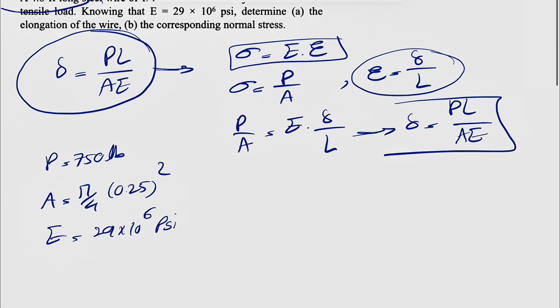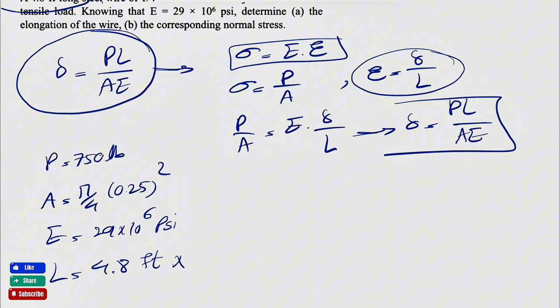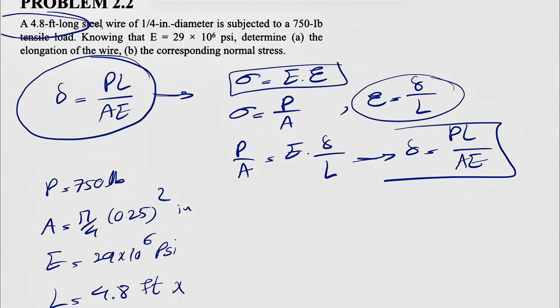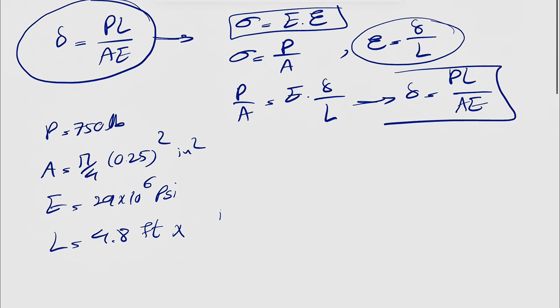And the length of the wire is 4.8 feet, so we have to do a unit conversion because we have everything based on inches. Our area is also in inches squared. For the conversion, 1 foot is 12 inches, so the feet will cancel and we'll end up with the length in inches.